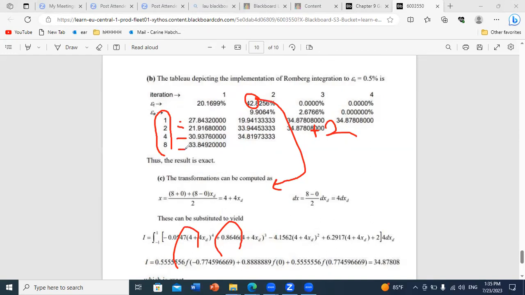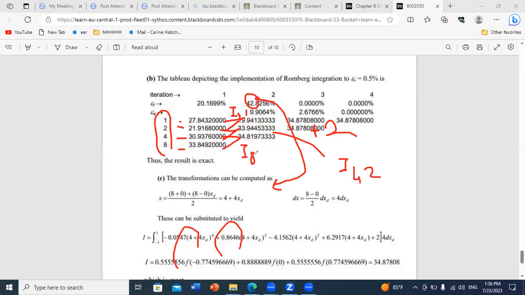Now, when you want to do the first Richardson extrapolation, you combine each two. You combine, for example, I1 and I2, you get I21. Then you combine 2 and 4 to get I42, and you combine 8 and 4 to get I84.